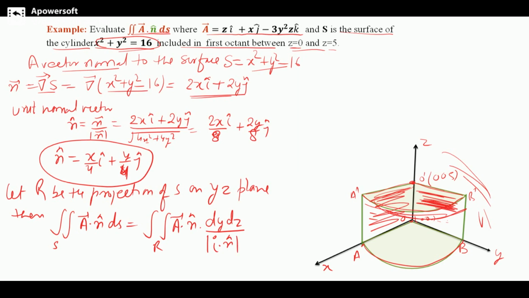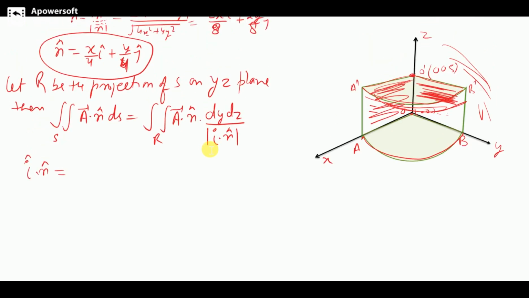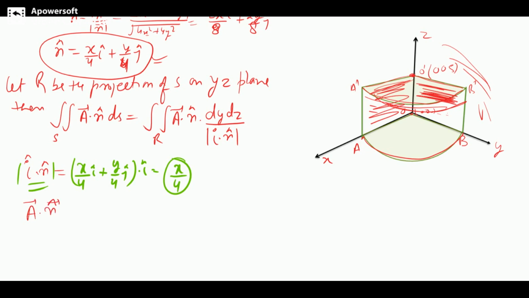Now we evaluate I dot n vector. The vector n is x by 4 i plus y by 4 j, dotted with I, so we get x by 4. Now we evaluate A vector dot n cap, the unit normal.